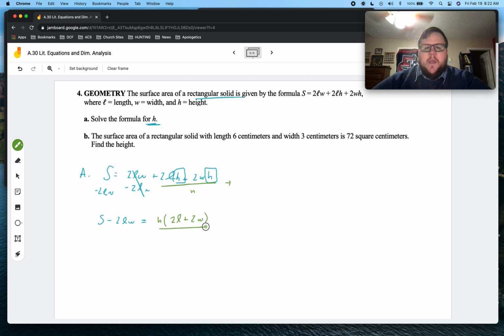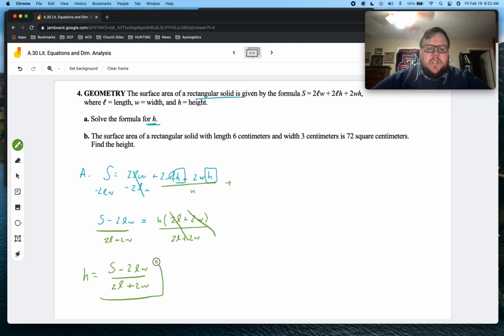And now at this point, I can just divide by 2L plus 2W on both sides. And I'm left with just H. So I get H equals surface area minus 2LW over 2L plus 2W. So I just solved it for H.